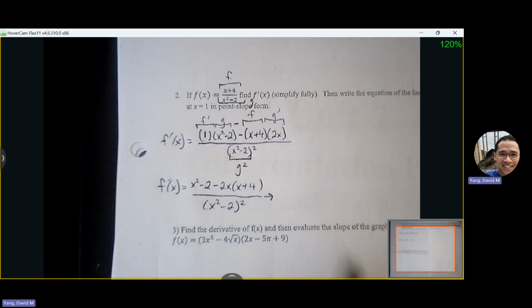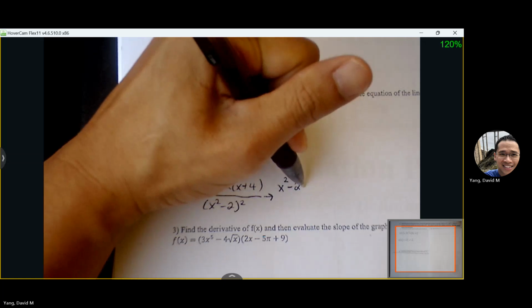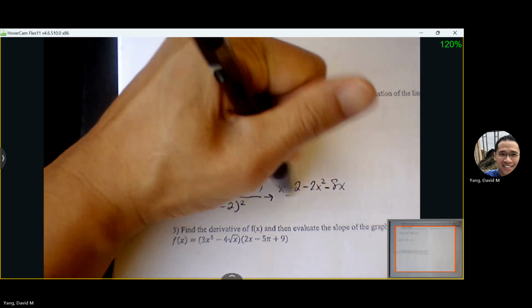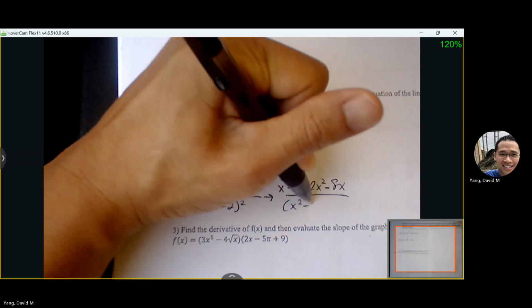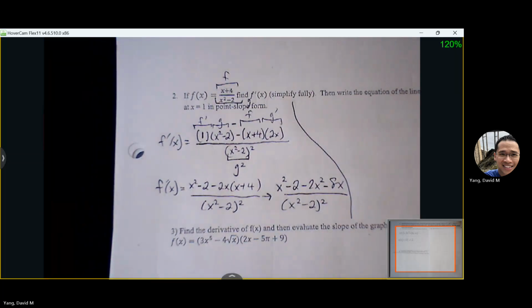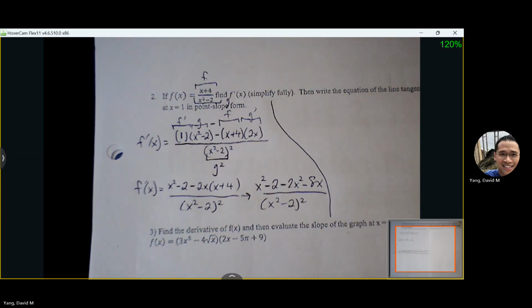I would distribute the -2x through. On page 45.